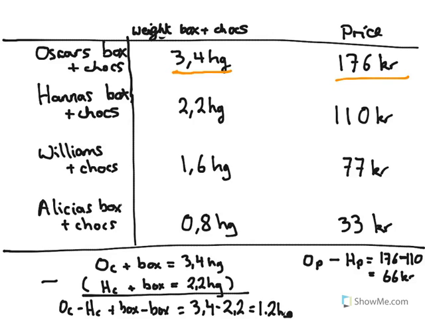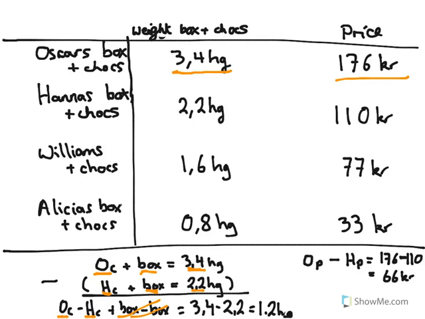What we can do to get rid of the box is think that Oscar's chocolates plus his box was 3.4 hectograms, but Hannah's chocolates and Hannah's box was 2.2 hectograms. If we just do a big subtraction, as though it's a simultaneous equation with x and y, we get Oscar's chocolates, I've called it OC, minus Hannah's chocolates equals box minus box.